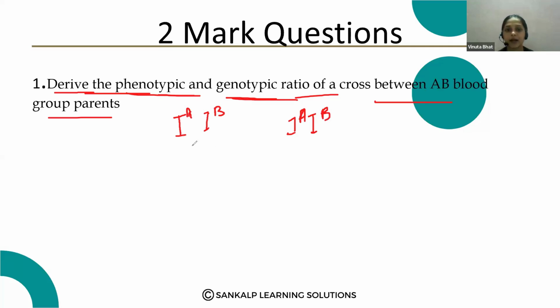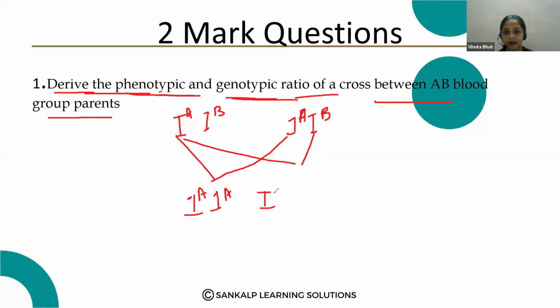When these parents are crossed, the progenies are IA IA, IA IB, IA IB, and IB IB.